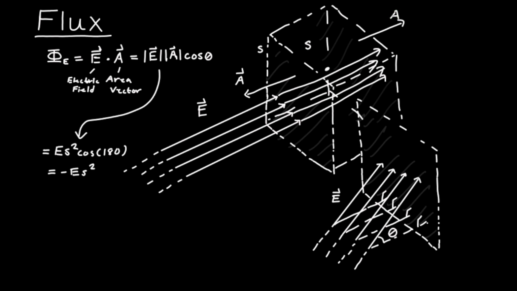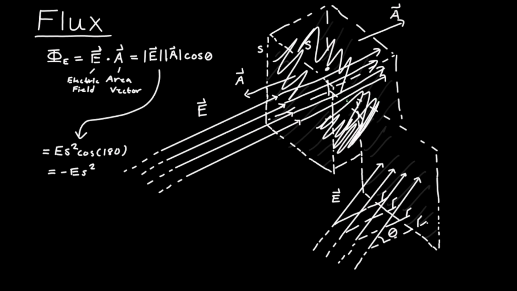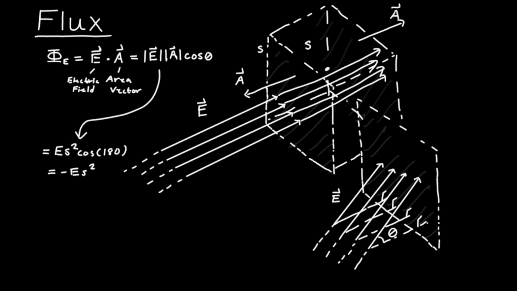And the area vector on the opposite side is the opposite direction, still normal to the surface, but pointing away from the center. The other four faces do not matter, since they do not contribute a net flux. This is because their area vectors are 90 degrees, or perpendicular, to the electric field lines. So the dot product evaluates the cosine of 90, which is 0.